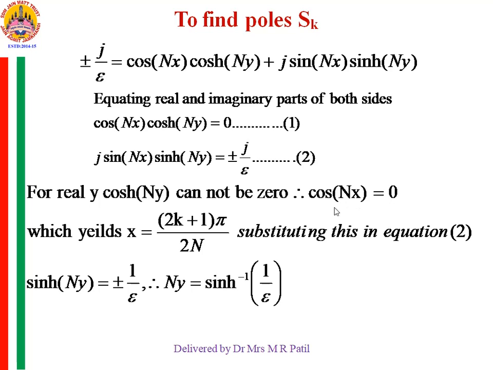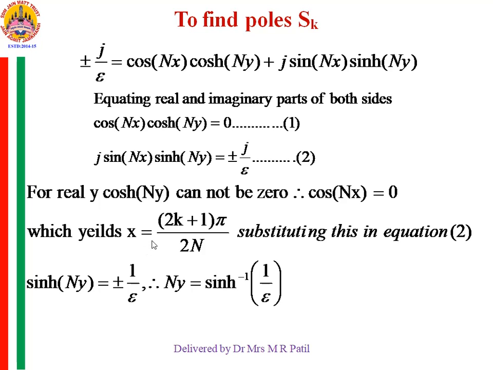So to make it odd, we add here 2k plus 1 pi and then divide by 2n, so that when you multiply this x with n, n and n get cancelled, and for any value of k you will always get x in terms of an odd value into pi by 2. Therefore this cosine of nx value you always get is equal to 0.